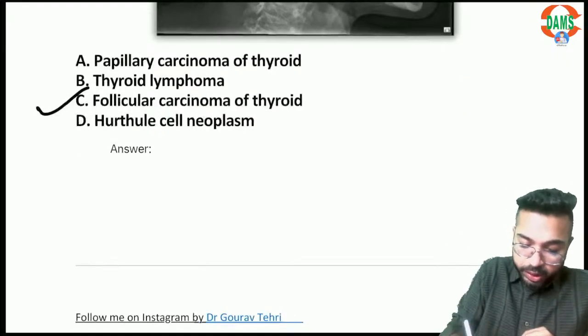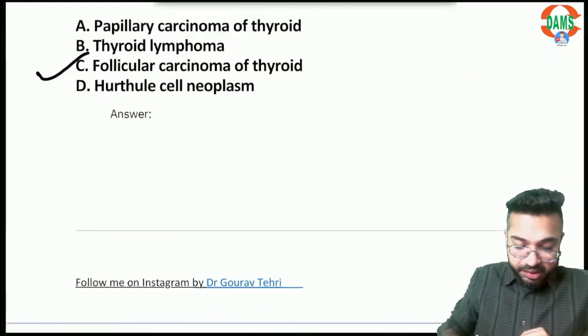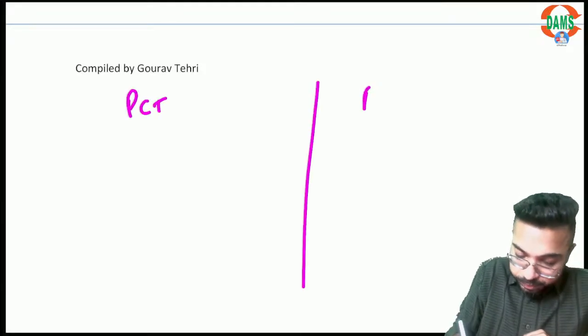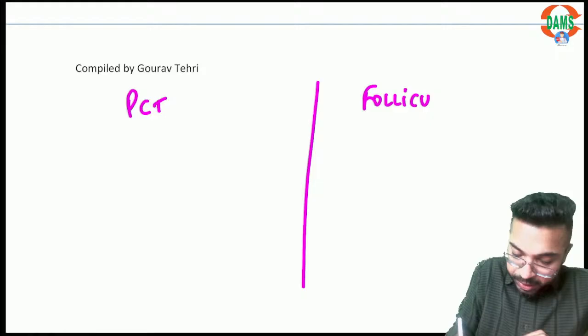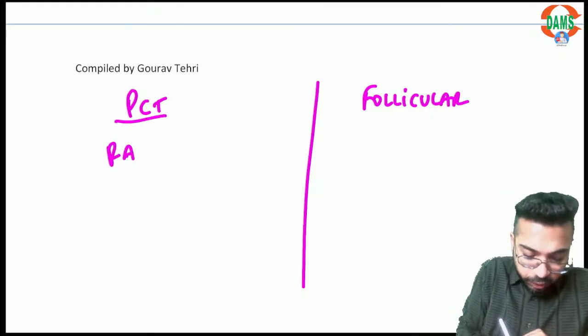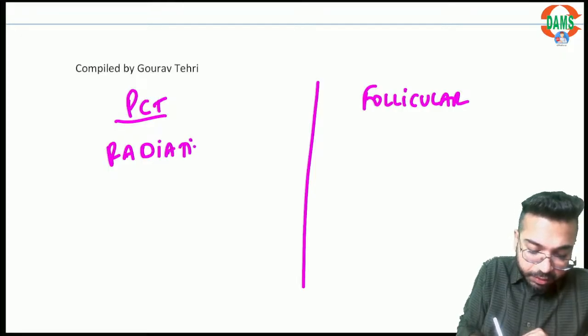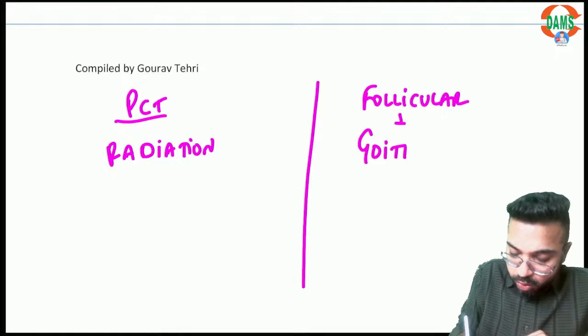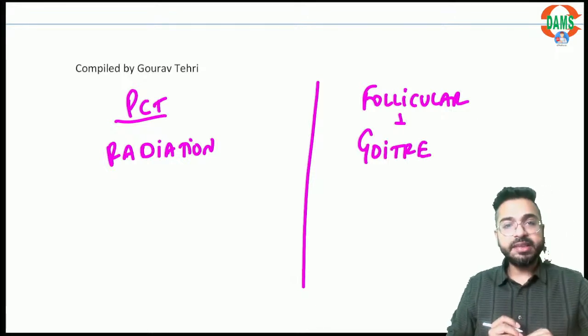There was a very important topic that we discussed: the difference between papillary and follicular. I told you papillary cancer will have a history of radiation. Last year they gave a history of radiation. Follicular will give you a history of long standing goiter or iodine deficiency.